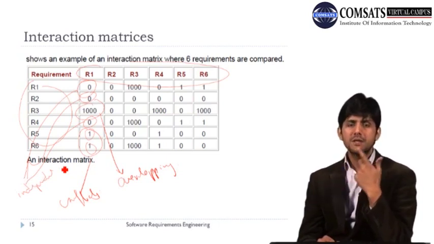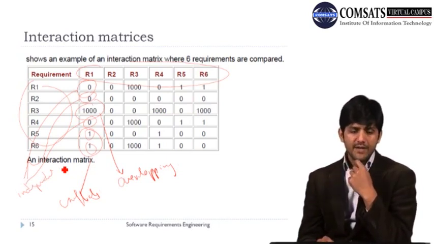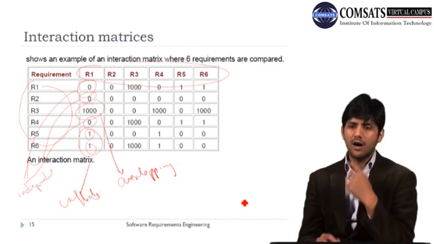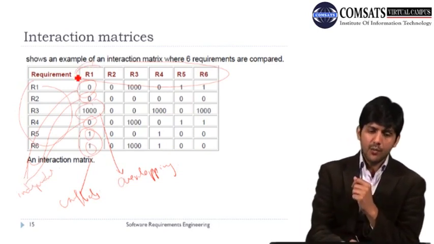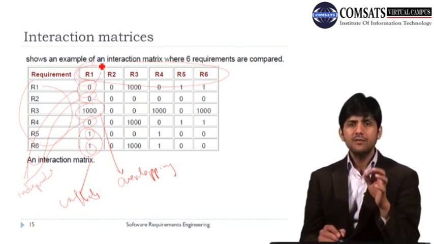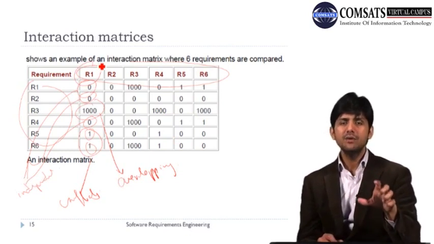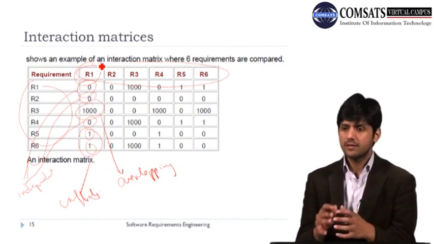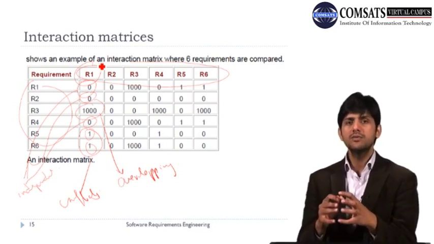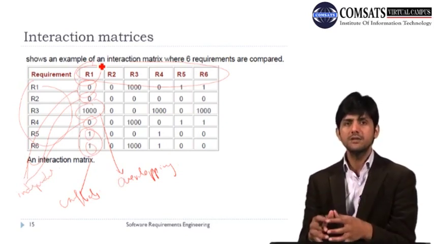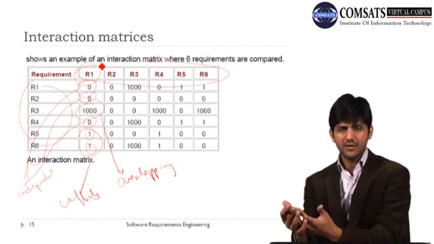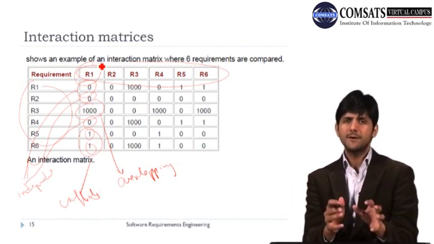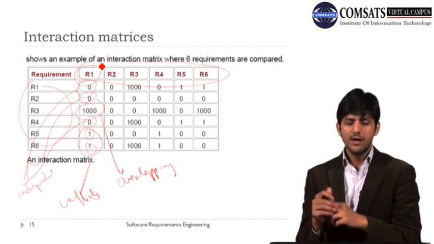Now, when we are doing this requirements assessment, it is very important to understand, if I change, for example, R1, which requirement is going to be impacted. If I have made this interaction matrix, I would know which requirement is going to impact which other requirement. Whenever a change request comes in, it is very important to understand the impact of that change. And we are going to talk about it in our later lectures as well.